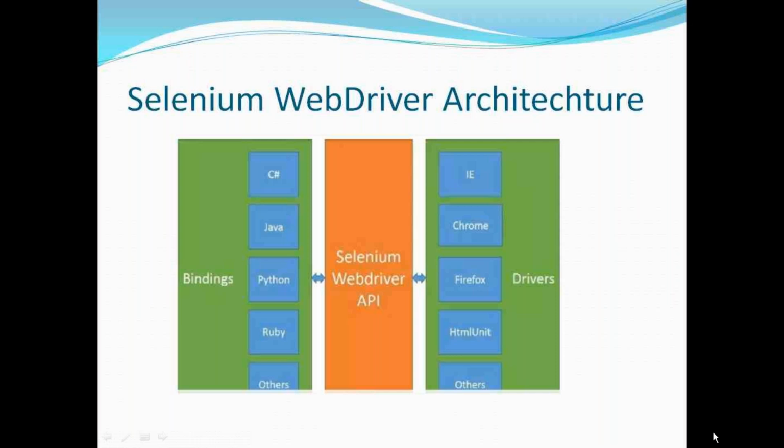Since it automates browsers, and there are many browsers in the market, like Internet Explorer, Chrome, Firefox, Safari and others, how will it interact with them? There are respective browser drivers for the browsers, and the Selenium WebDriver API interacts with those drivers.